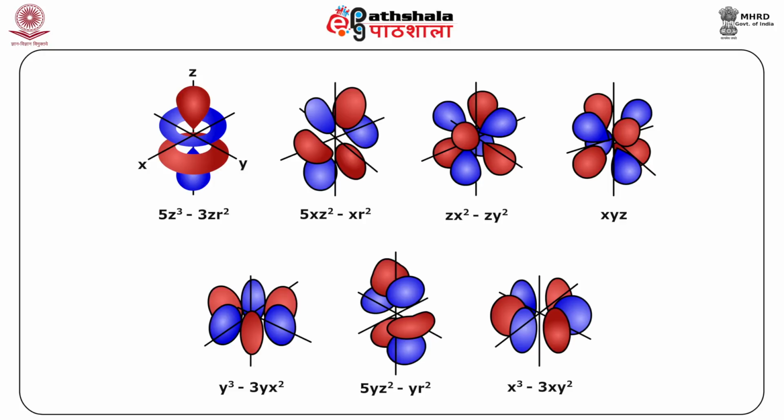The f orbitals encompass the most intricate shapes. There are 7 f orbitals per n level. The f orbitals have very complex names. All 7 types of f orbitals have been represented in the figure.